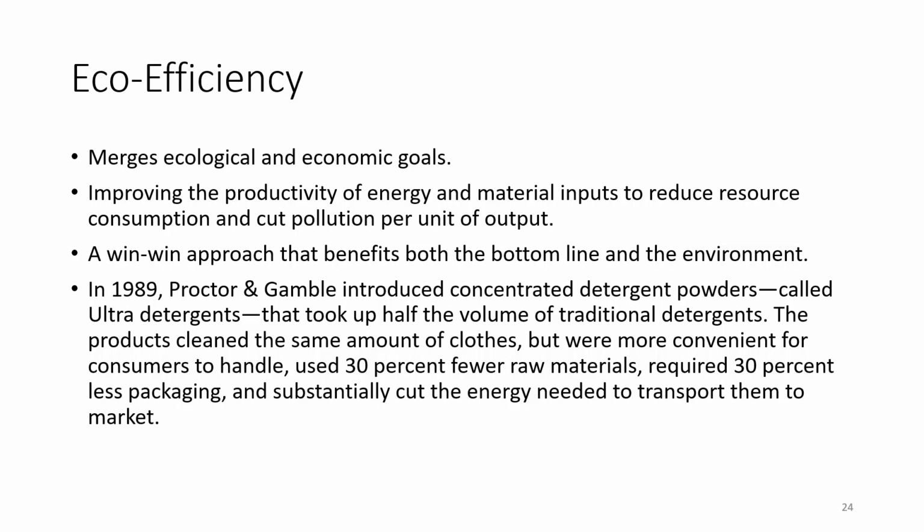In 1989, Procter and Gamble introduced concentrated detergent powders called ultra detergents, which took up half the volume of traditional detergents. The products cleaned the same amount of clothes but were more convenient for consumers to handle, used 30% fewer raw materials, required 30% less packaging, and substantially cut the energy needed to transport them to market.